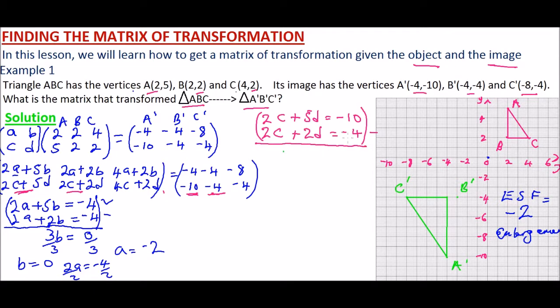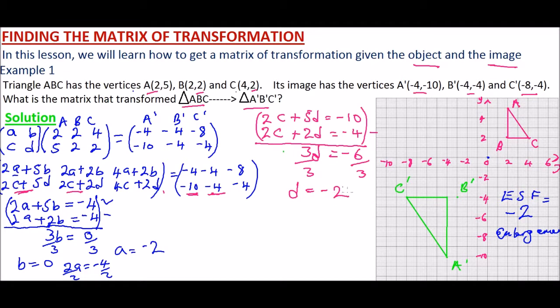So we subtract: 2c minus 2c is 0, 5d minus 2d is 3d. Then we have minus 10 minus minus 4. That will give us minus 6, because minus 4 will change to positive. So we divide both sides by 3, and you find that d is equal to minus 2.